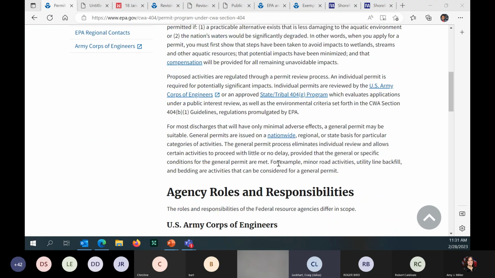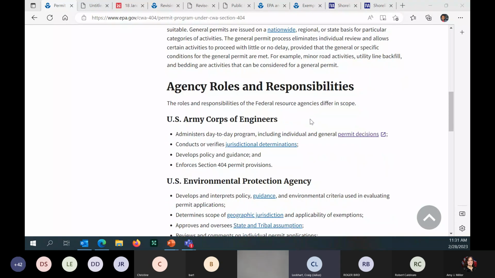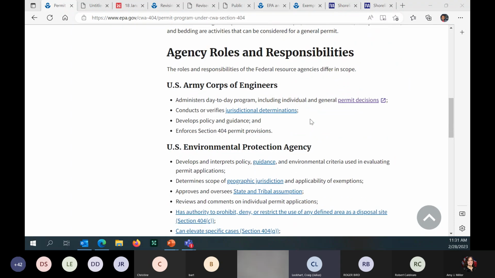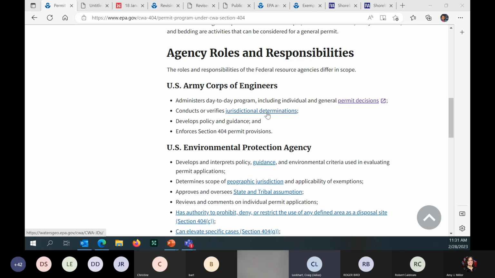If you scroll down, it talks about the agencies and roles. You have different federal agencies involved with the Clean Water Act. You have the Army Corps of Engineers, with the Memphis and the Nashville Districts. They administer the day-to-day permitting for the Clean Water Act, so any work you're doing in the waters of the United States, you have to go through the Army Corps.